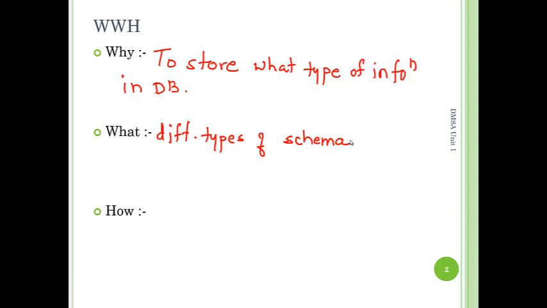Now the last one, the how: how it is going to help us understand storing the information at different levels of abstraction, and what are the special contents that help us understand how this will go ahead.